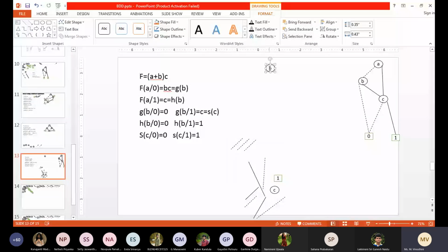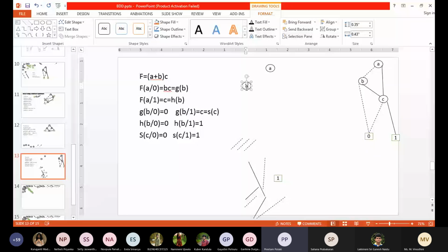So this is A. Next I will have B. Ma'am, for H of B given 1, we'll get C. H of B given 0 also C, ma'am.